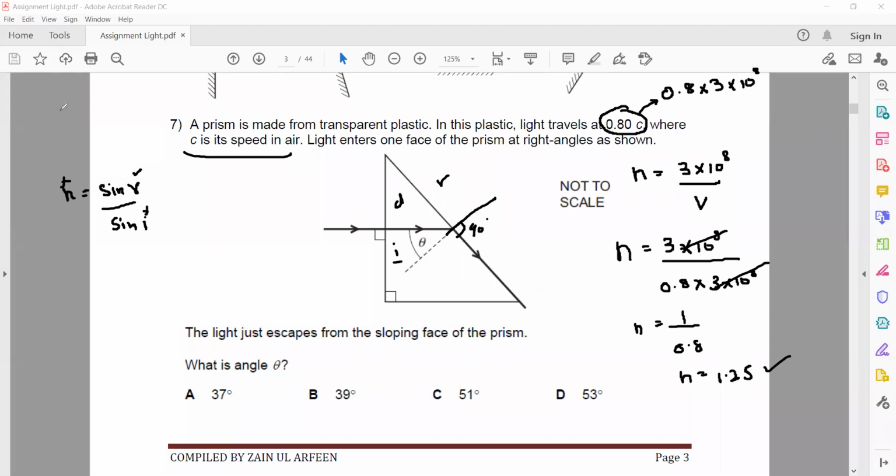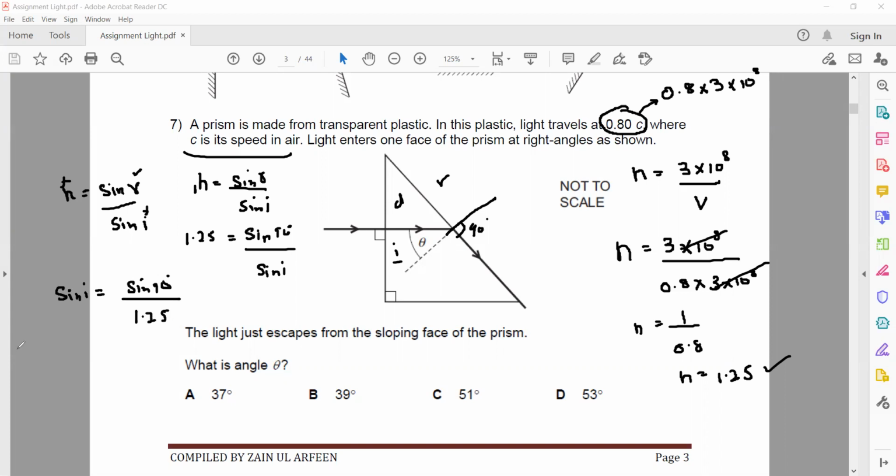So you can use this formula now: refractive index is equal to sine R divided by sine I. Refractive index is 1.25. Angle of refraction is 90 degrees. Angle of incidence, you don't know, that's what you are finding. So sine I is equal to sine 90 divided by 1.25.